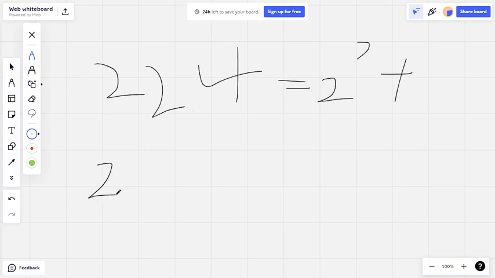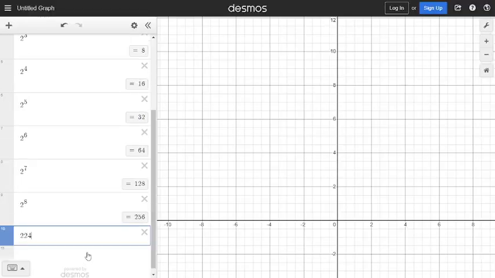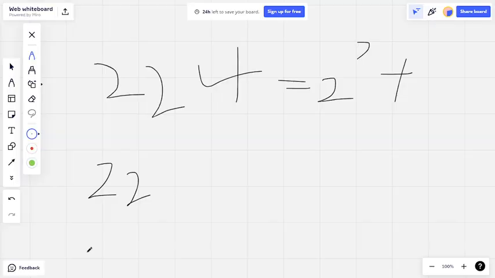Now 224 minus 128 equals 96, and 96 can be compiled into 64 plus 32, which is very nicely convenient.